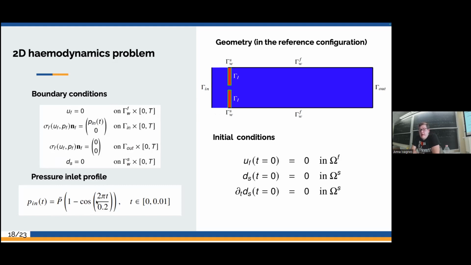We also assume that the structure is attached to the walls of the fluid here. And at the initial time step, we assume that the fluid and the structure are at rest.